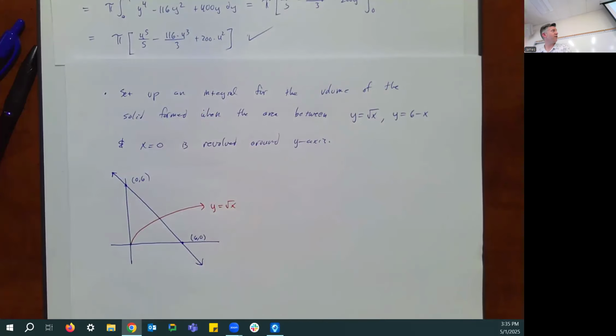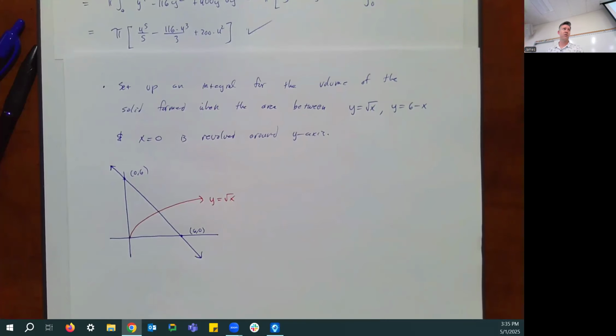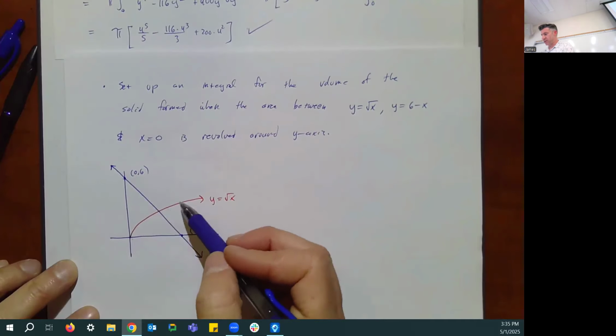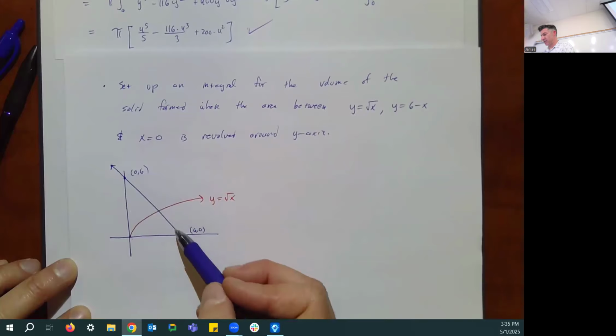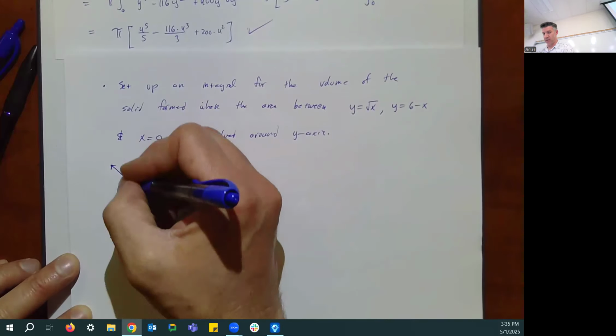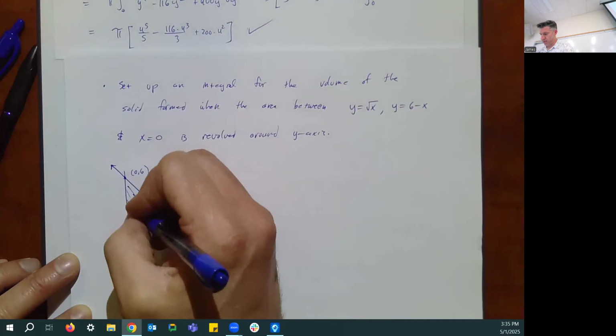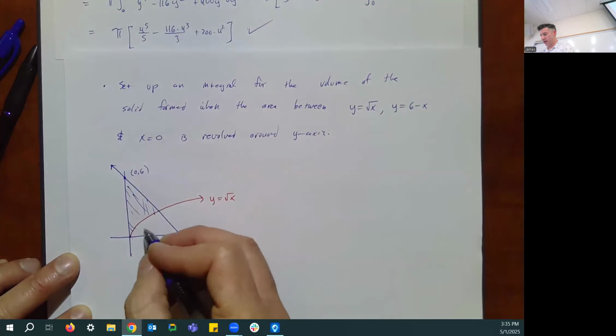Now we have to be extra careful here because it looks like there are two valid regions to choose from. But the region that we're looking at should be the one bounded by all of the curves that were mentioned. y equals root x is the boundary, y equals 6 minus x is the boundary, and x equals 0, which is the y-axis, is the boundary. So my region is this one right here, not that part right there.